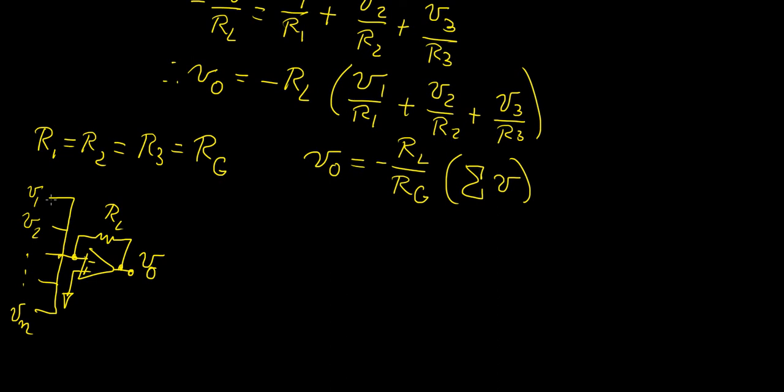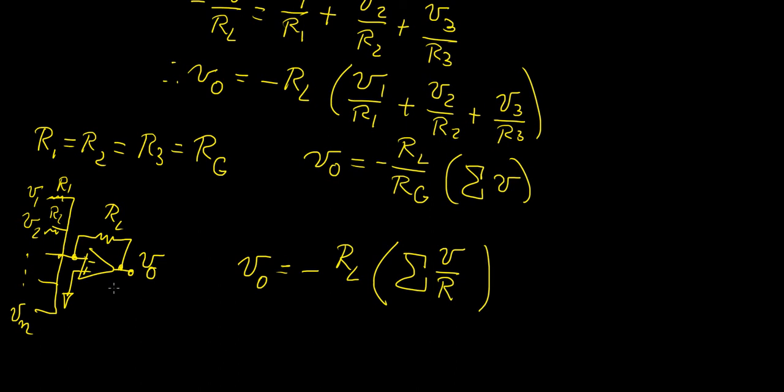Then considering that each of these is going to have some resistance, R1, R2, and so forth, the total output voltage out of that circuit is going to be minus RL times the sum of the voltages divided by each resistance. This is basically what we call the voltage adder, because we're essentially adding each of those voltage or potential inputs.